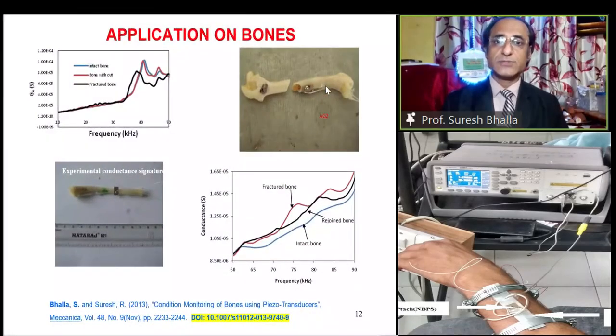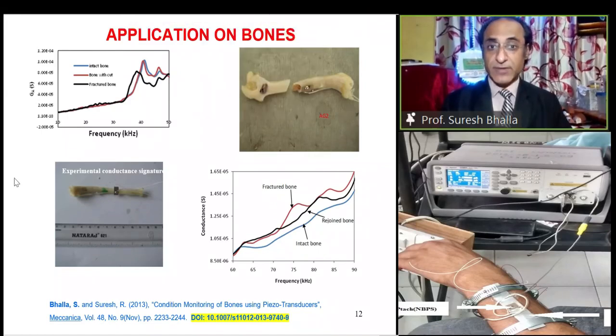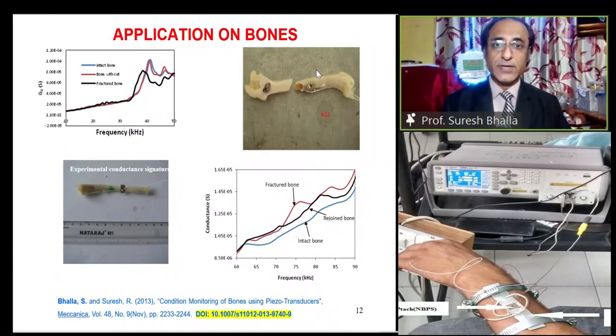Now the interest came in the biomechanical and biomedical engineering field. Initially, in 2013, we did experiments involving damage in bones, but in the medical sector the interest is not so much in fracture detection but in fracture healing.